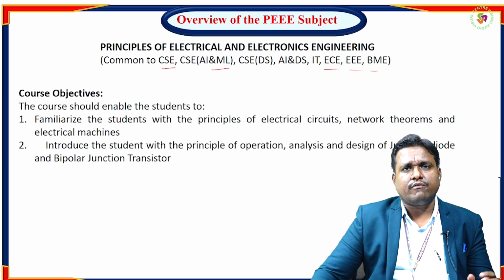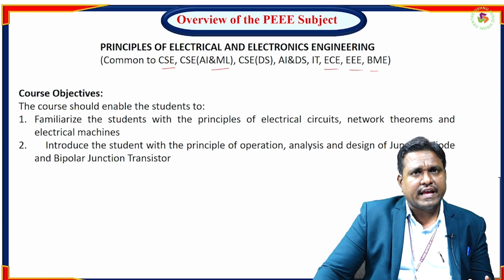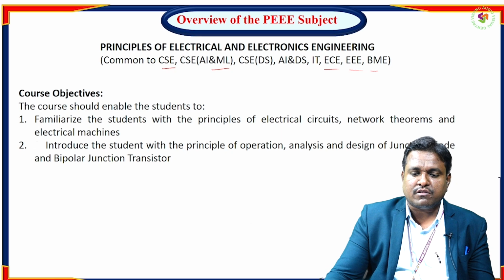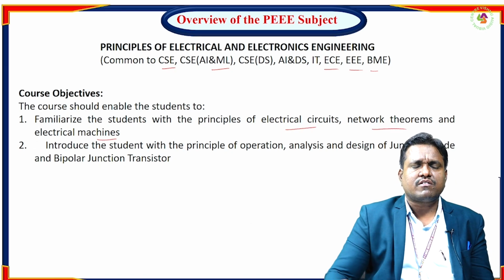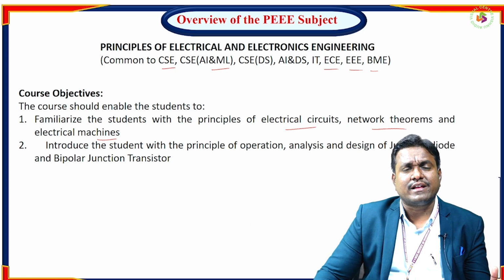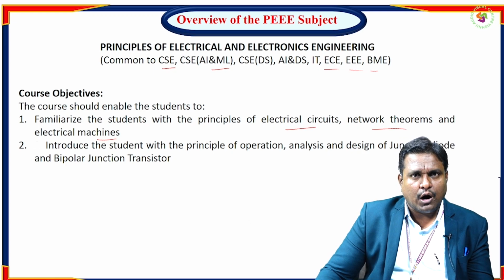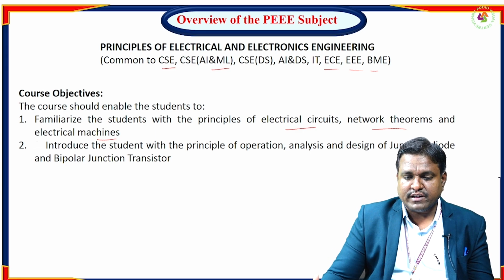So what is the main objective of studying this subject for all the branches? The main objective is that every student should be familiarized with the principles of electrical circuits, the network theorems and electrical machines. Why? Because in day-to-day life, they are going to come across various circuit designs in their own houses, in all the applications they are going to use, as well as the network theorems.